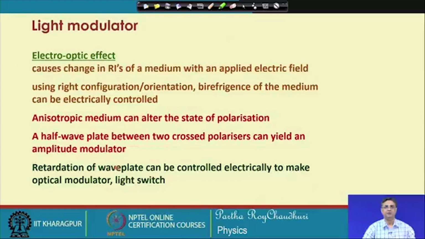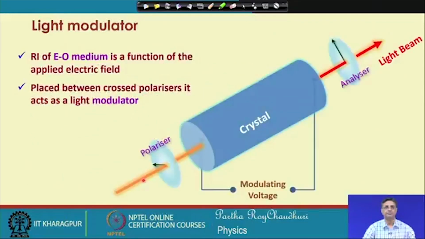A retardation of the wave plate can be controlled electrically. The wave plate that will be placed, which in this case will be an electro-optic crystal, electro-optic medium, can be controlled electrically, and that will result in optical modulation, switching of light. We will see these things in details.